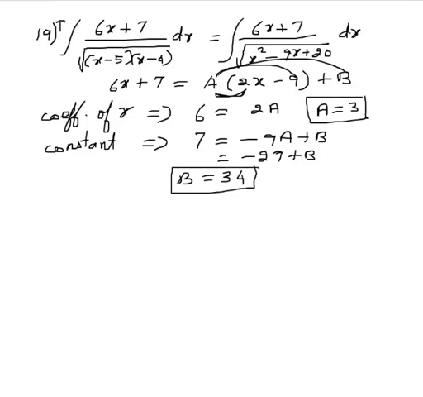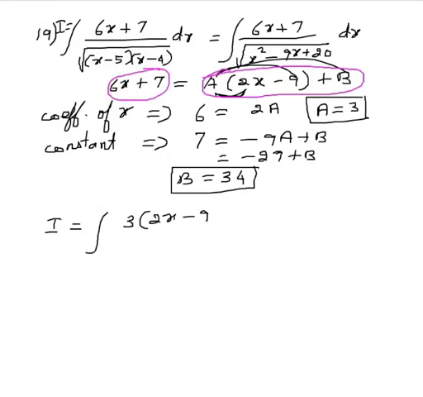Let us take the given integral as I. Therefore, I is equal to, let us replace the numerator 6x plus 7 as this. So, I am writing 6x plus 7 as a into 2x minus 9 plus b divided by root of x square minus 9x plus 20.